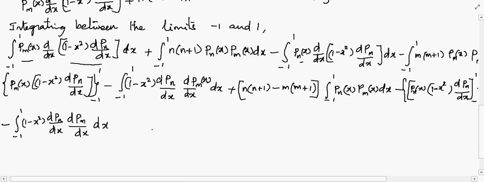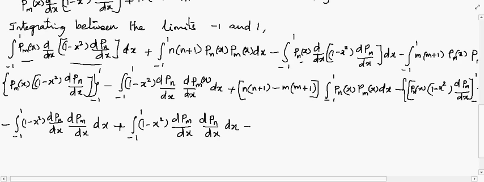Then last term I will write this minus into minus, I will get plus. Okay, integral minus 1 to 1, 1 minus x square into dPm by dx into dPn by dx of dx.